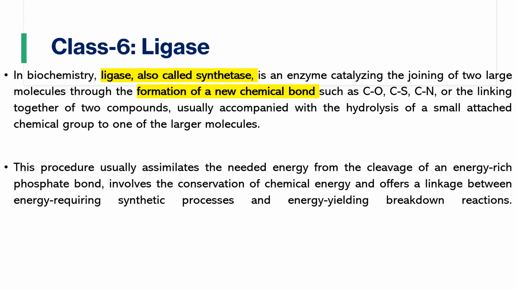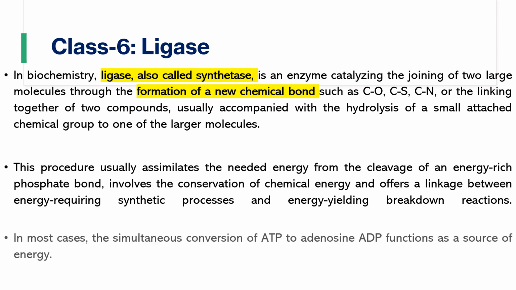Because whenever you have a bond formation, you require energy, and there should be a supply of energy. So energy should come from some place. This energy either comes from energy-rich phosphate bonds, or some other bond is broken, and that bond breaking releases energy, which is used for new bond formation.